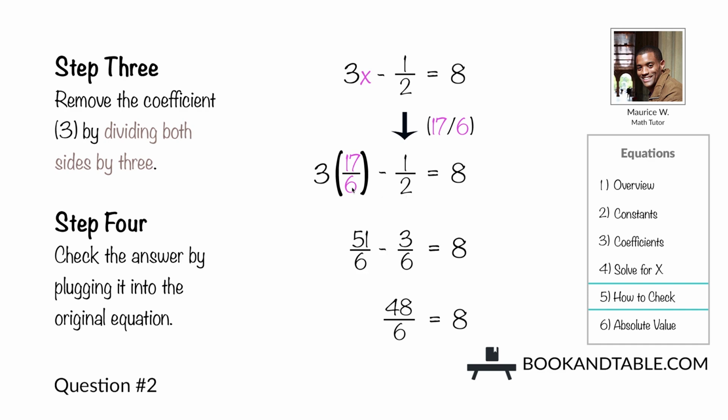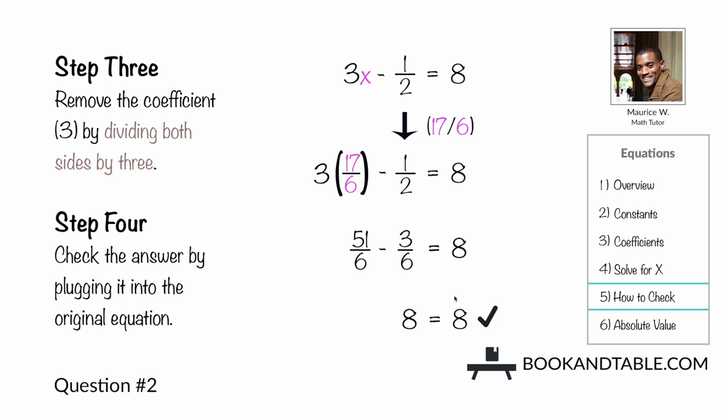Since the denominator we want is 6, we get to 6 by multiplying 2 times 3. So since we multiply the denominator by 3, we multiply the numerator by 3. 51 minus 3 gives us 48 over 6. And 48 divided by 6 is equal to 8. So 17 over 6 was in fact the correct answer, because we see when we plug 17 over 6 in for x, the value on the left is the same as the value on the right.